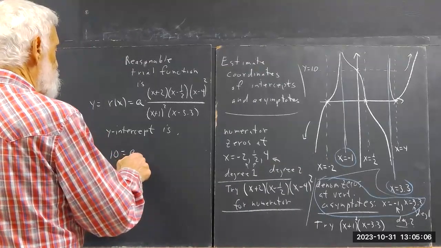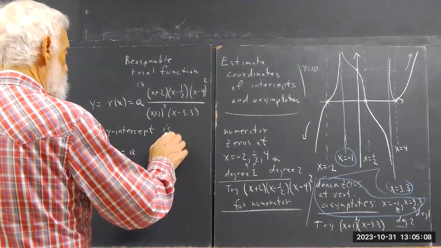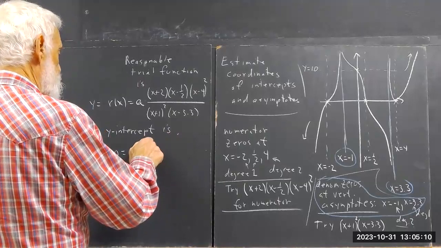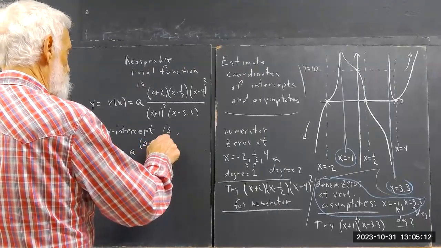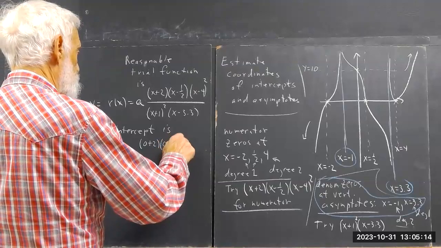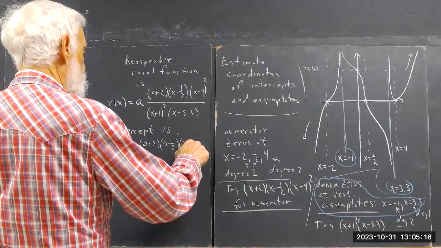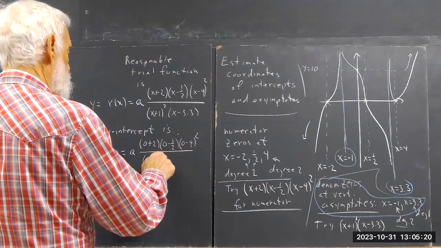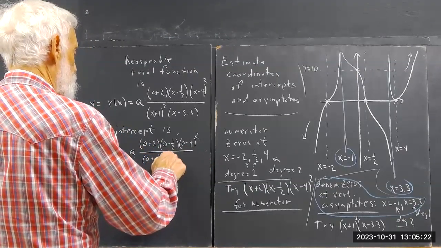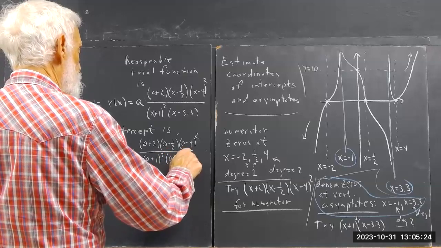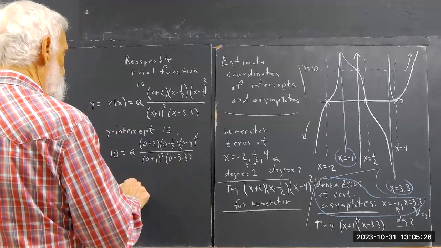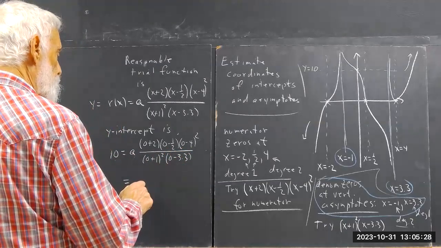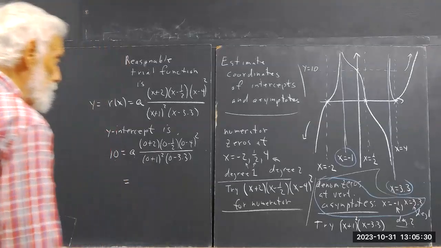Okay, so anyhow, it's a times 0 plus 2 times 0 minus 1/2 times 0 minus 4 squared, over 0 plus 1 squared times 0 minus 3.3. And this equals, oh, wait a minute, I said this was negative.